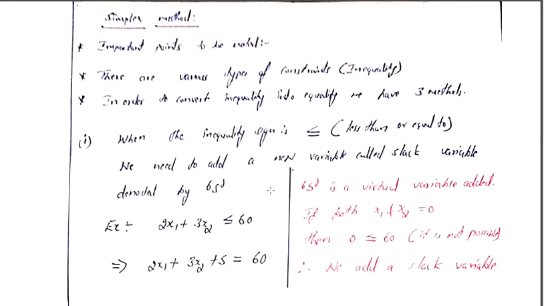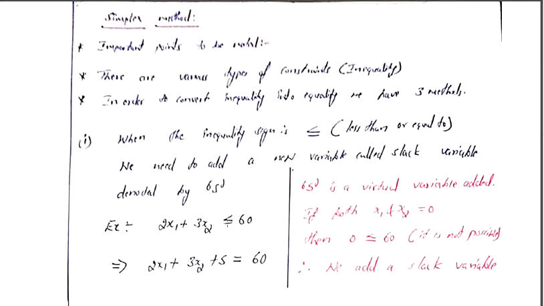Whenever the inequality sign is less than or equal to, we need to add a new variable called a slack variable, denoted by s. For example, 2x1 plus 3x2 is less than or equal to 60. I have a less than or equal to sign in this constraint.